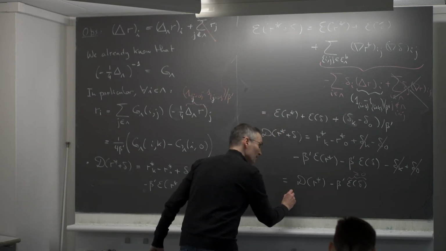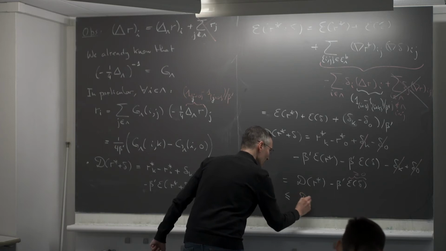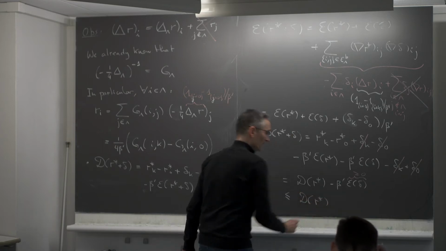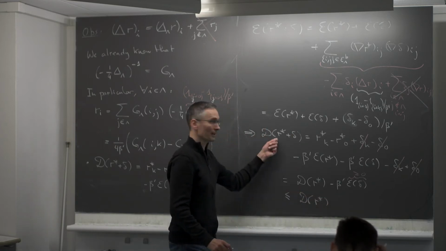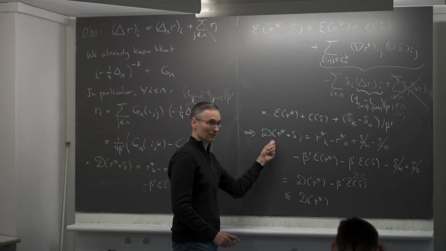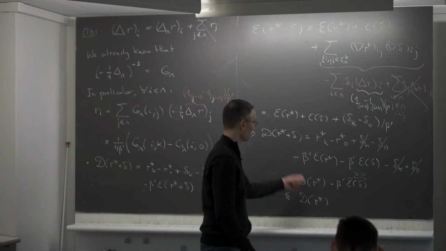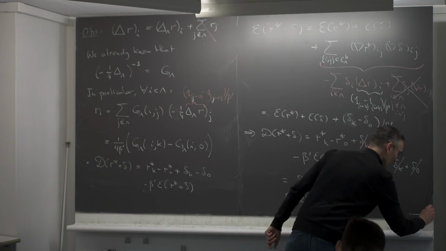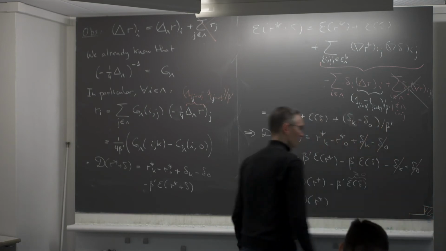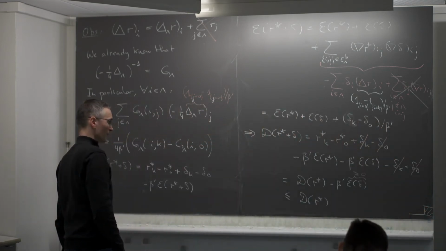And so, I'm subtracting something, so this is always smaller than the d of r star. So indeed, r star is the maximizer of the functional D. It's bigger than any other value I get.